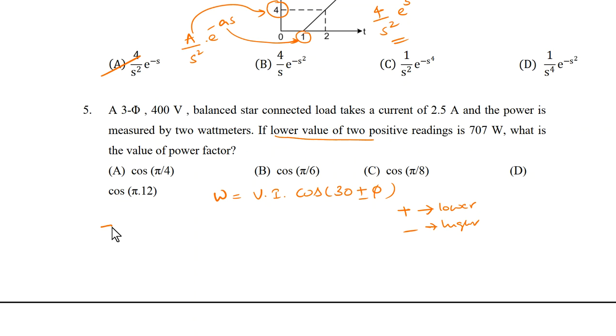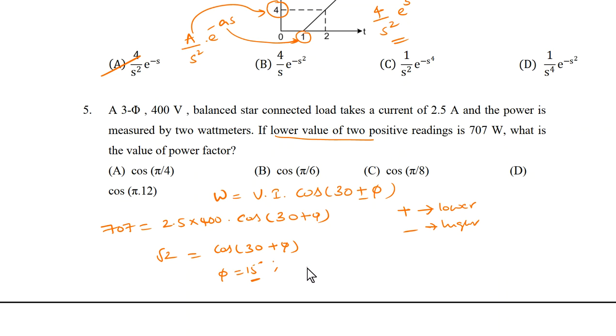That means 707 is equal to 2.5 amperes into 400 volts into cos of 30 plus phi. If you simplify this, you'll get 1 by root 2 is equal to cos of 30 plus phi. Simplifying again, you'll get phi as 15 degrees.